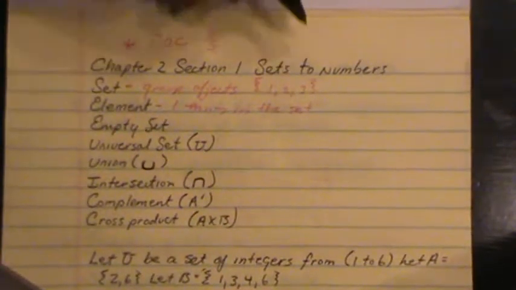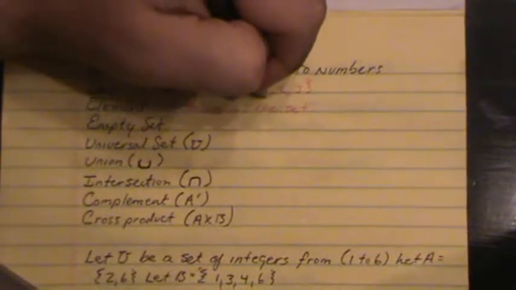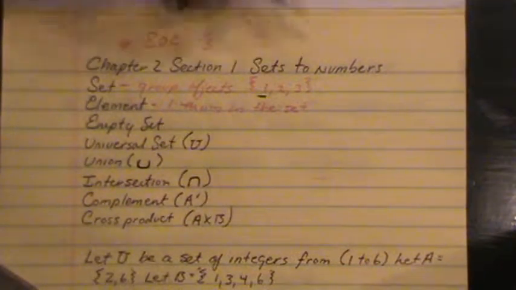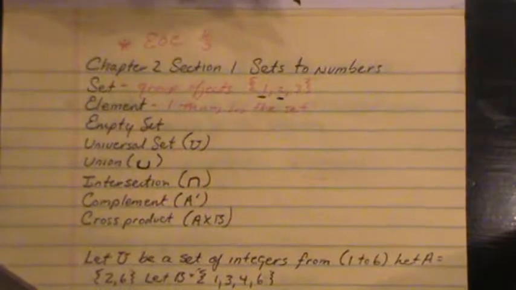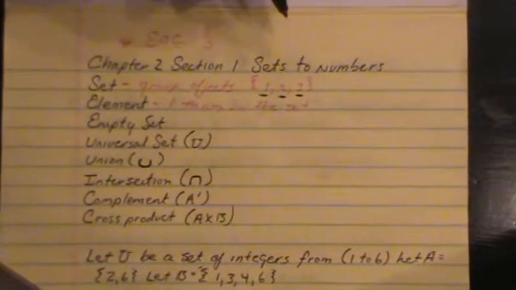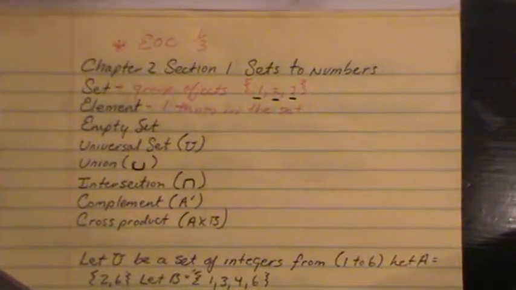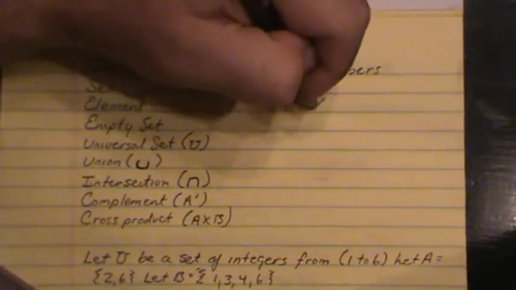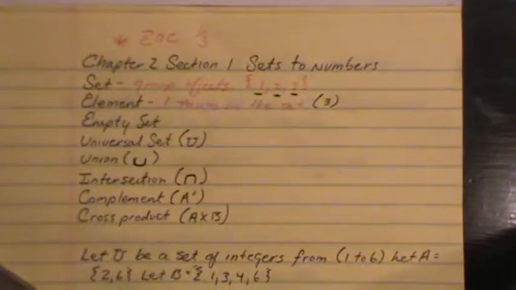So that being said, 1 would be an element of that set. 2 would be an element of that set. 3 would be an element of that set. So if I was to ask you how many elements are in this set, you would have a total of 3 different elements.